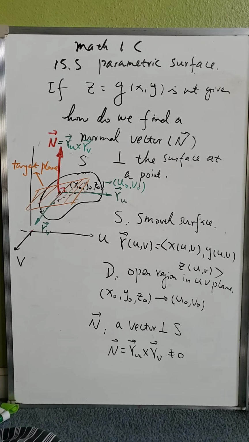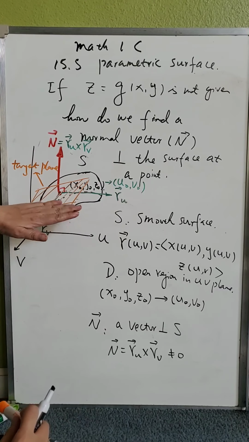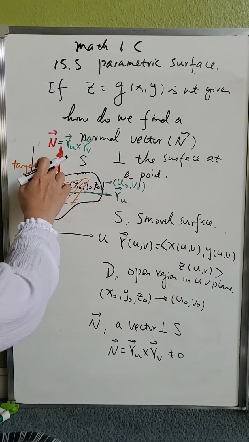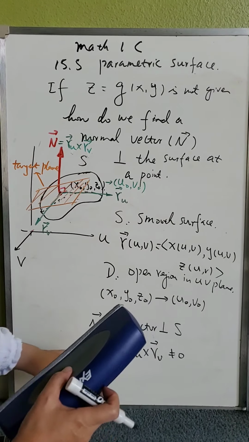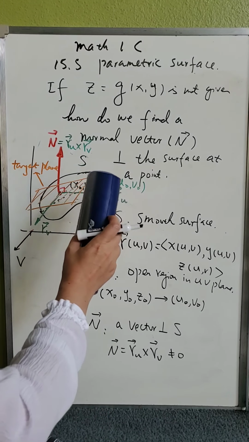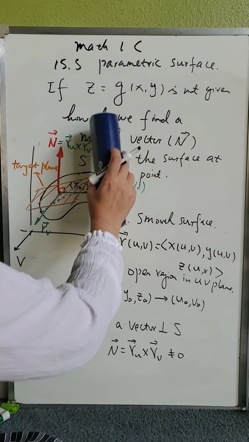So when we need to find the tangent plane here, we need to find the normal vector. The normal vector is the cross product of that. Now I'm going to show you, so I'm going to erase this one.